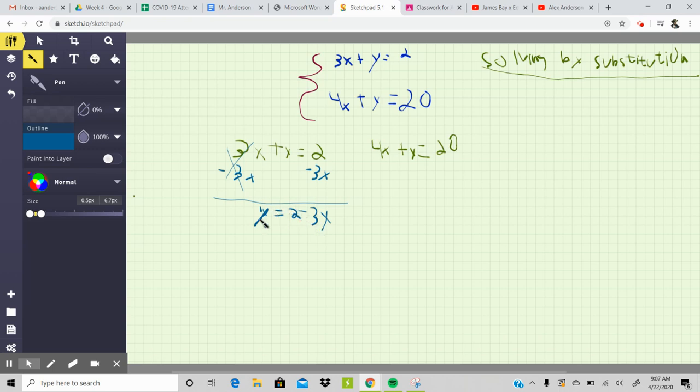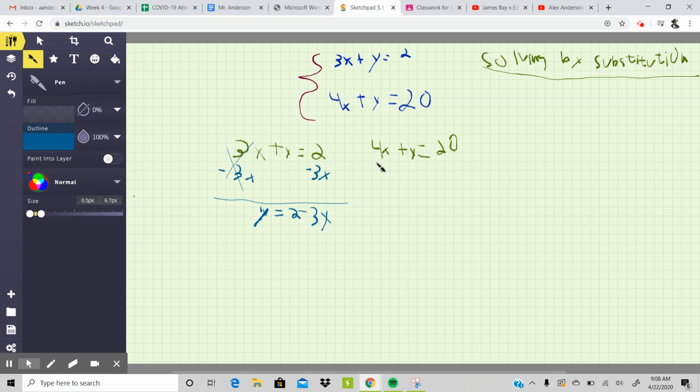So that means y and 2 minus 3x are exactly the same thing. So if I want to, I can substitute, that's where the name substitution comes in, this 2 minus 3x in for y in my other equation, because y is the same thing. This is saying right here that y is equal to 2 minus 3x.